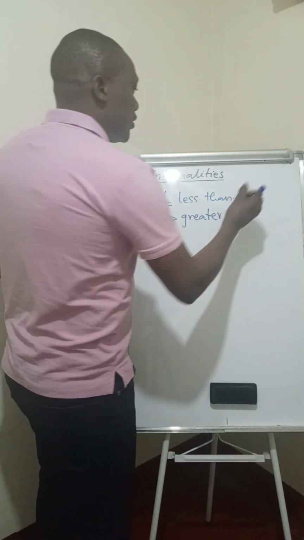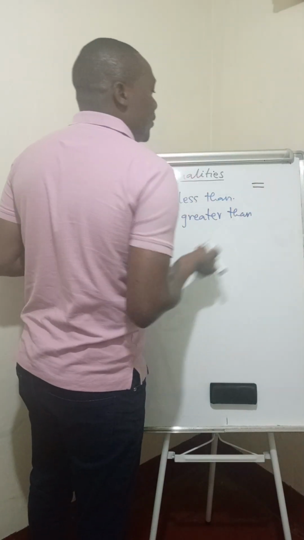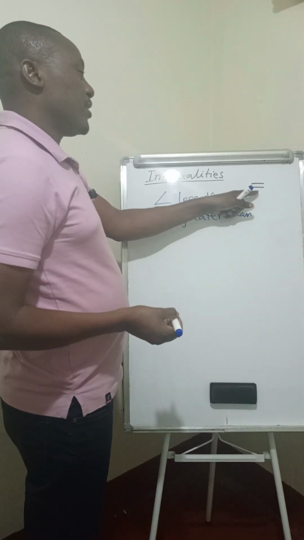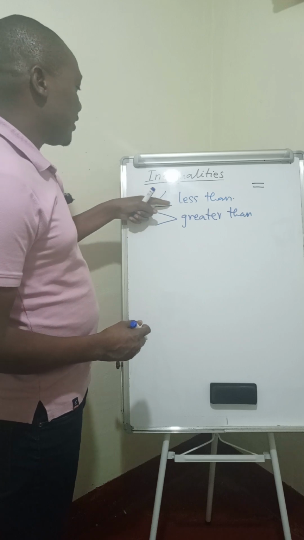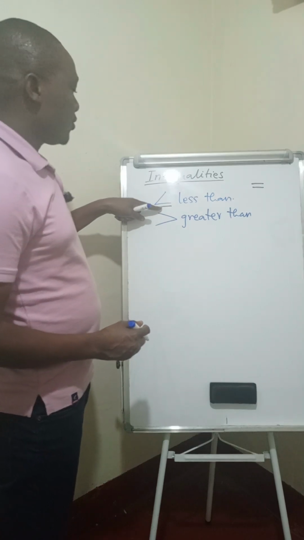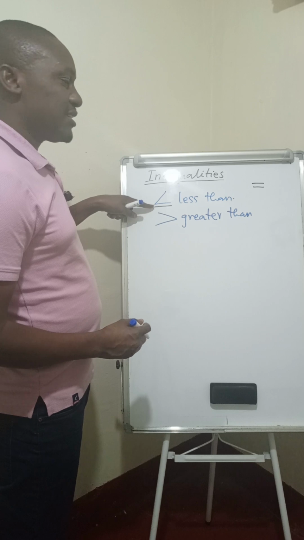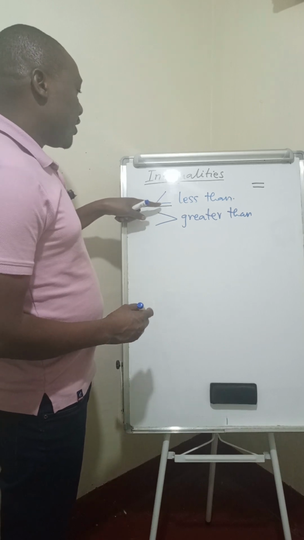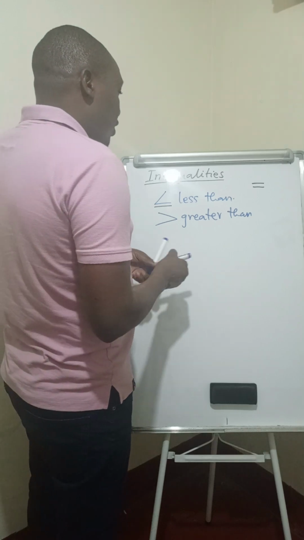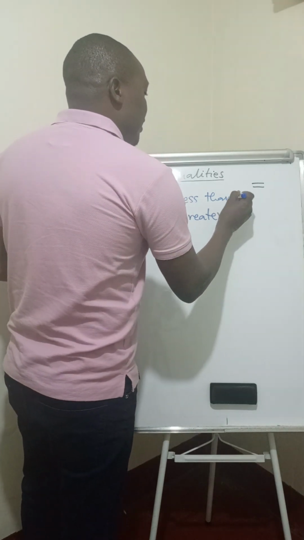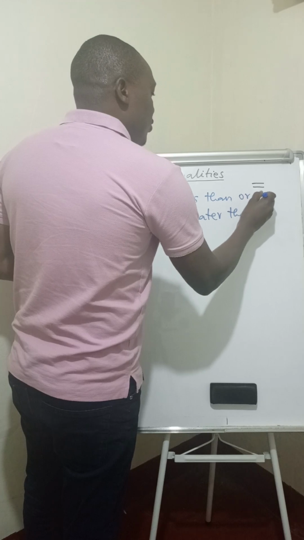We always know that to write an equal sign we have the double dashes. Here we do the less than sign, then put another straight line below it. This now means less than or equal to.